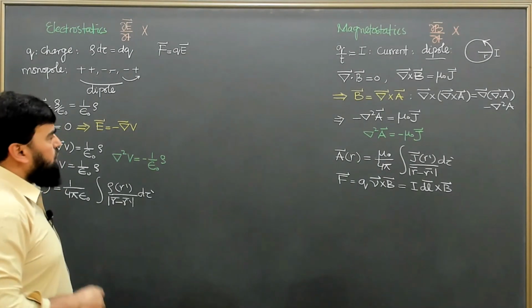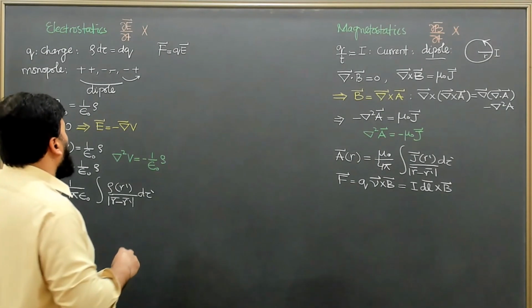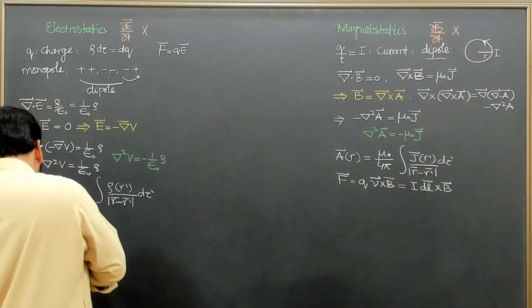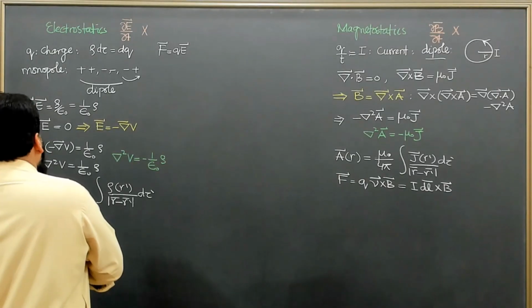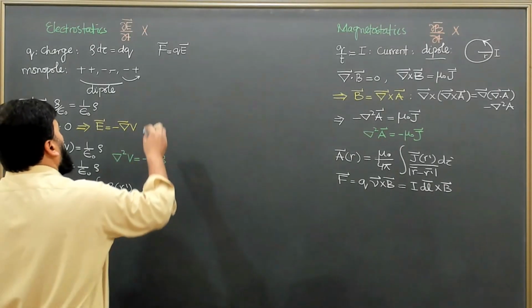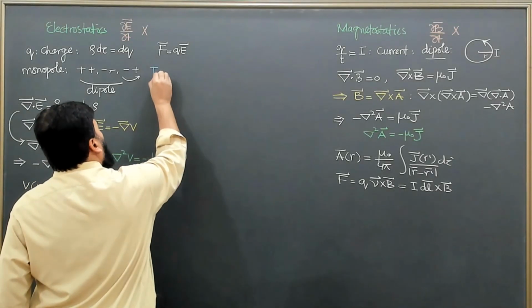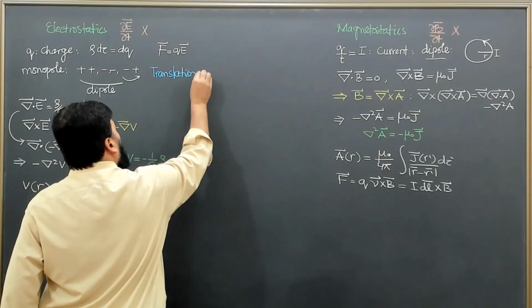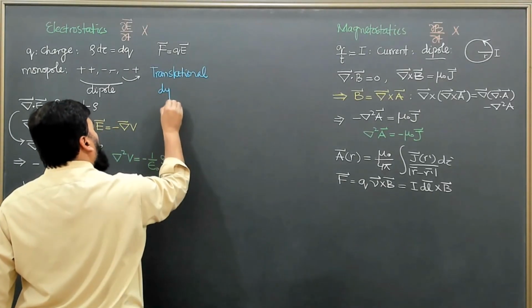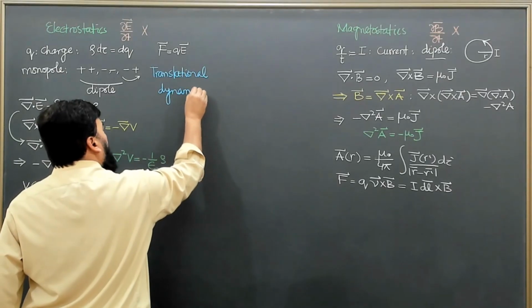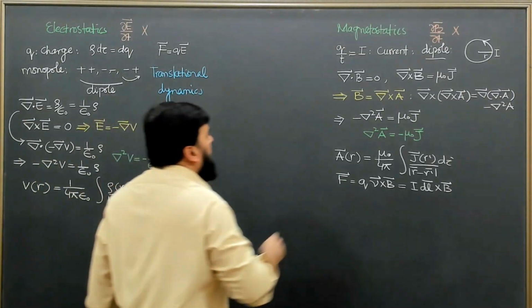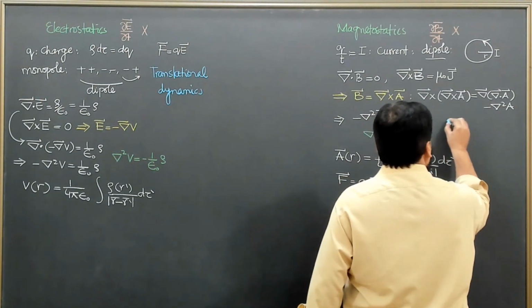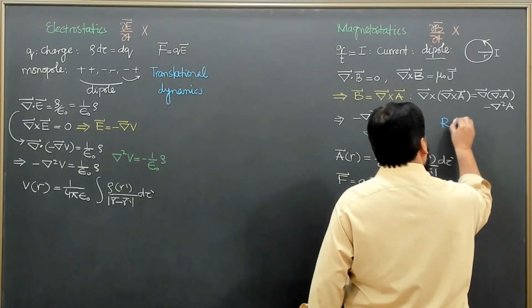Electrostatics basically behaves like translational dynamics, and magnetostatics behaves like rotational dynamics.